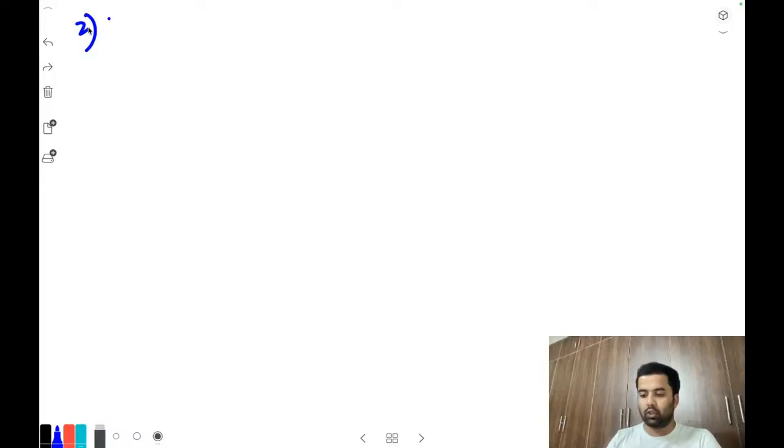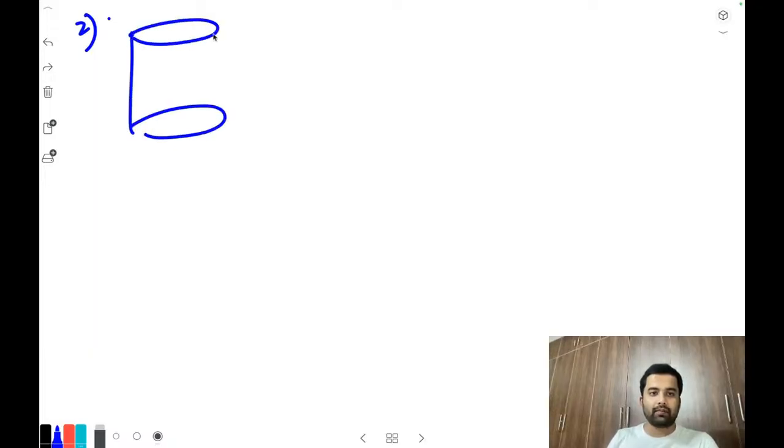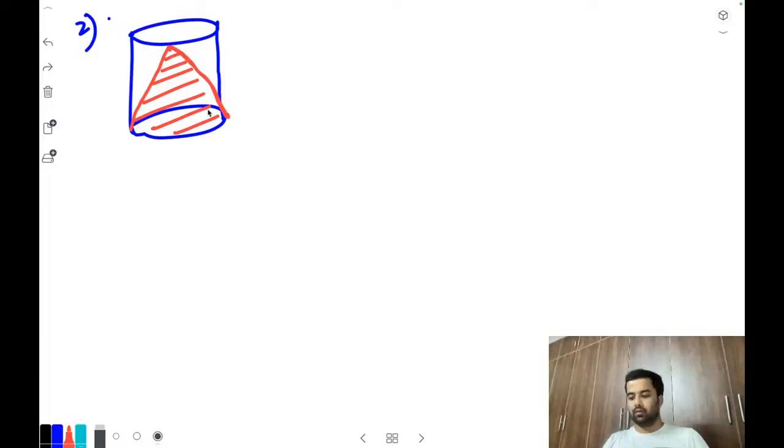Now, question number 2. Again here, imagine it. What is the question asking about here? We have a cylinder shape. One cylinder shape is there. Inside, a cone is deleted. I mean, this cone shape is taken out.